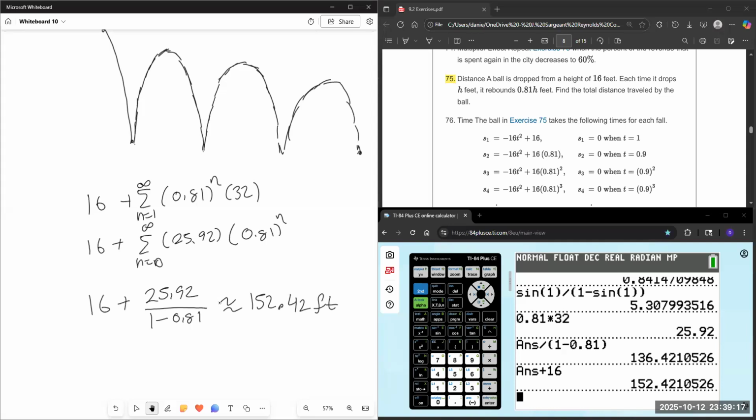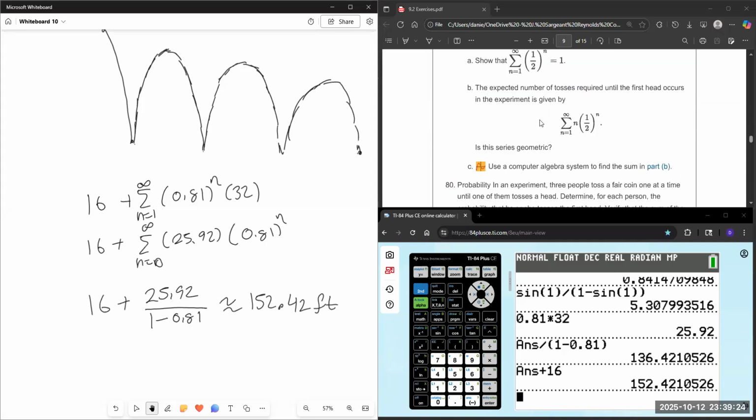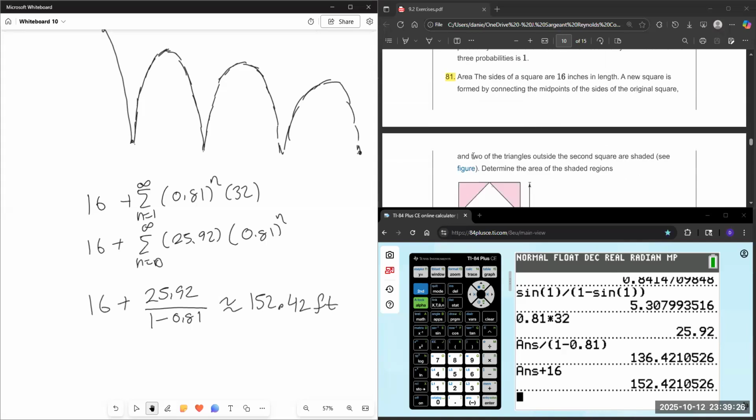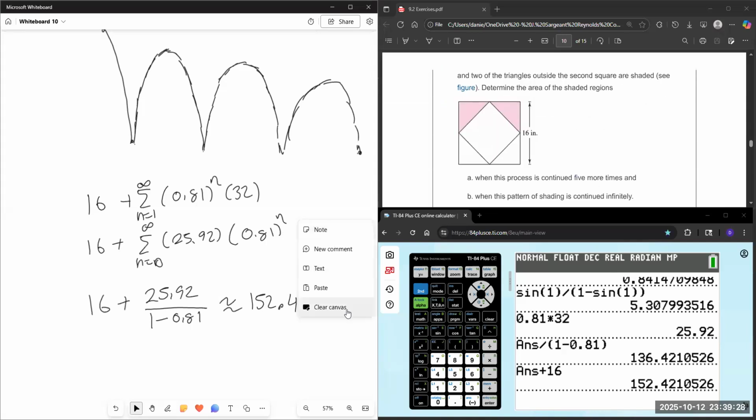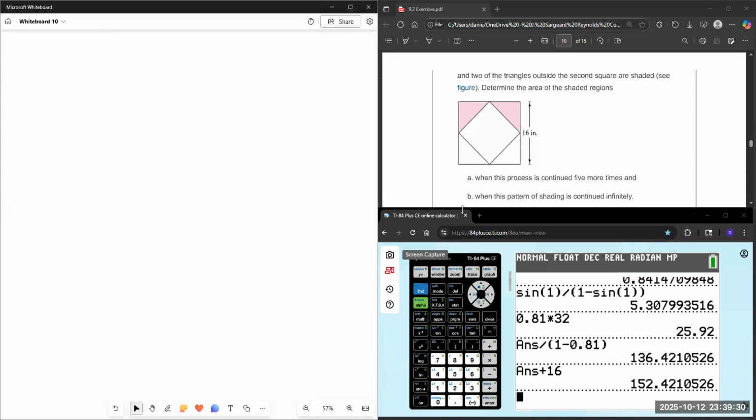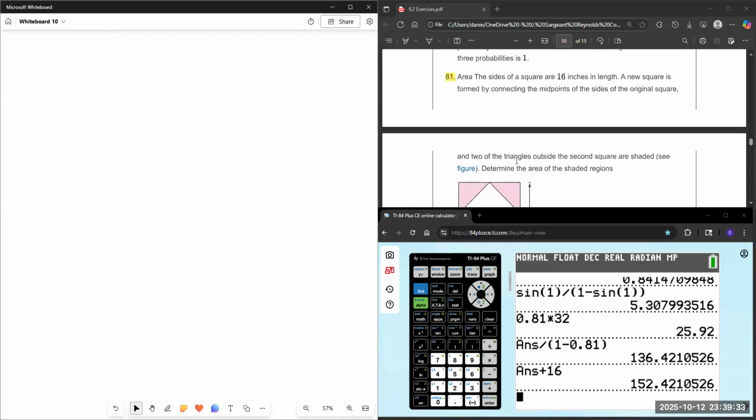All right, let's look at this last problem here for this video, problem number 81. This one's quite interesting to me. Kind of hard to draw, but we'll take a look at it. So we start off with this square that is 16 by 16.